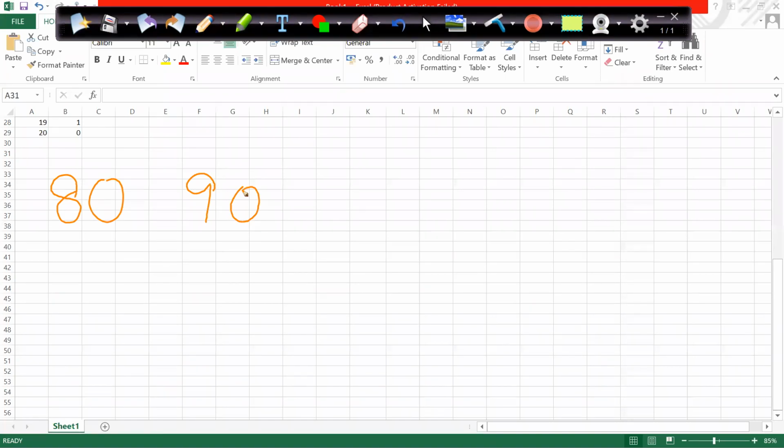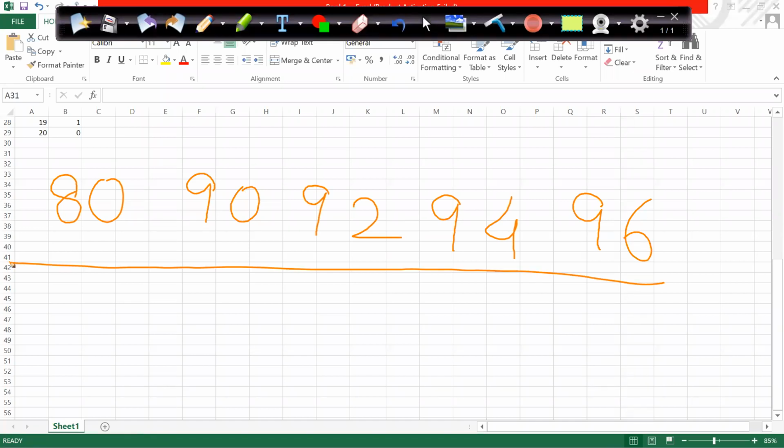After that, Rakshit comes in and he scored, let's say, 92. Then Vishal comes in and he scored 94. Then Suraksha comes in and she scored 96. Okay. Now these are the 5 scores which we have.